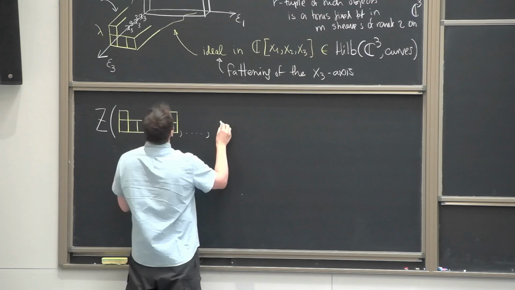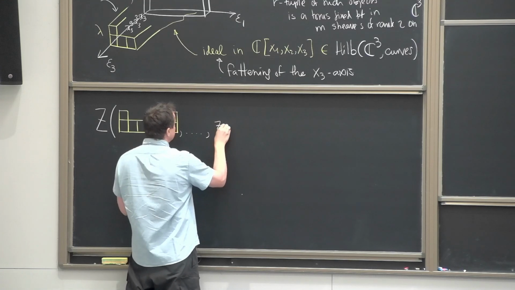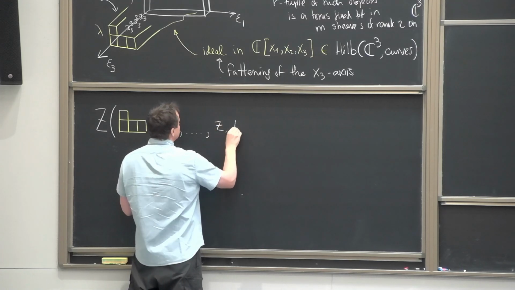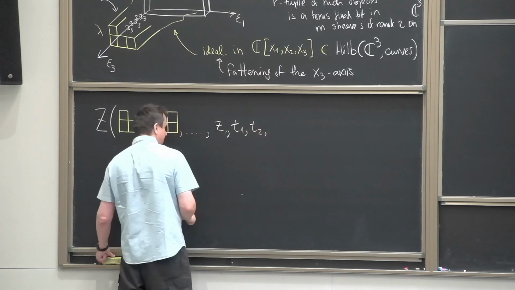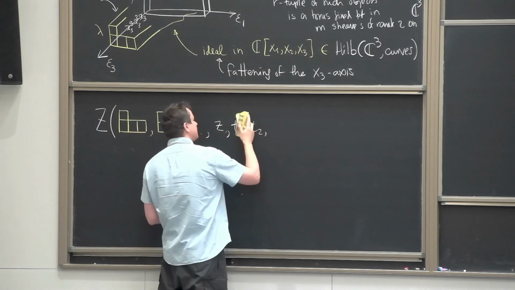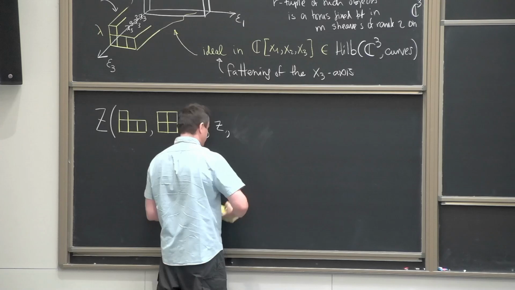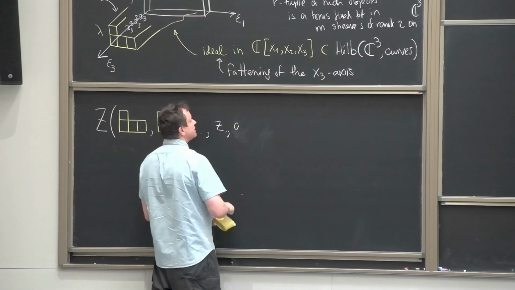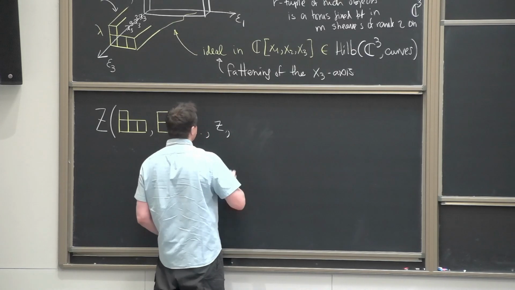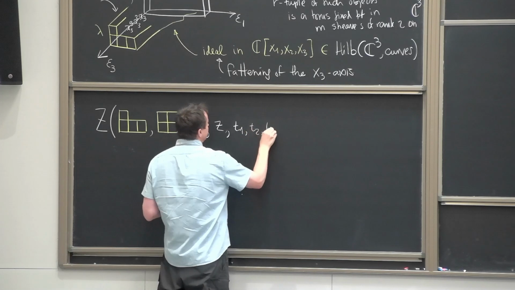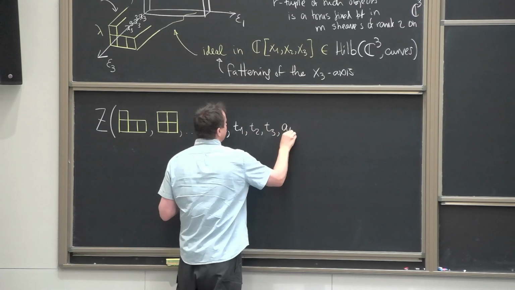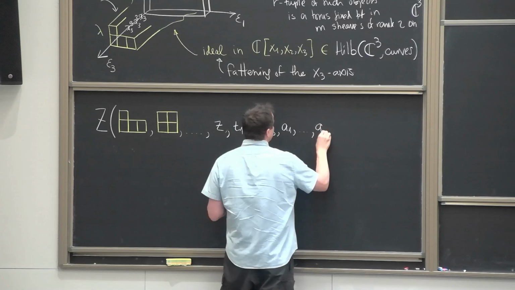And then we have variables, we may call it Z, maybe T1, T2, or A1, A2, A3. No, this is not. C1, C2, C3, and then A1, and so forth, AR.